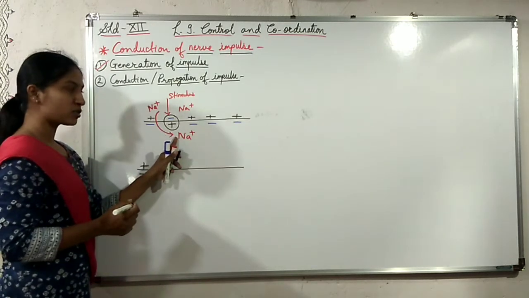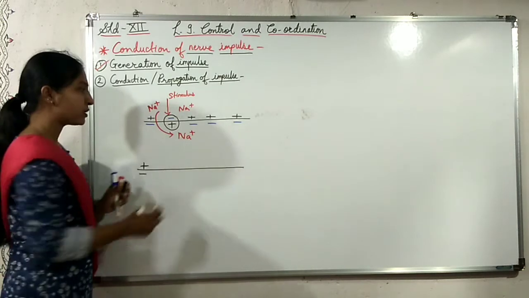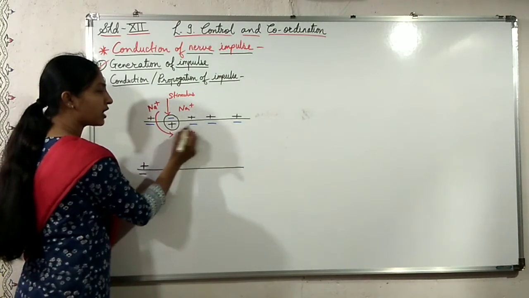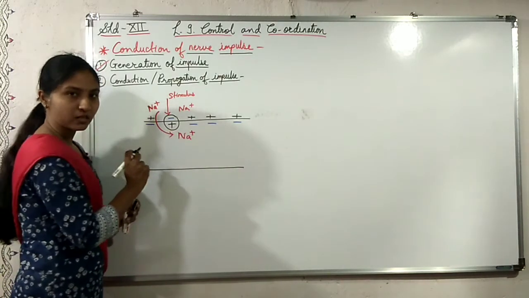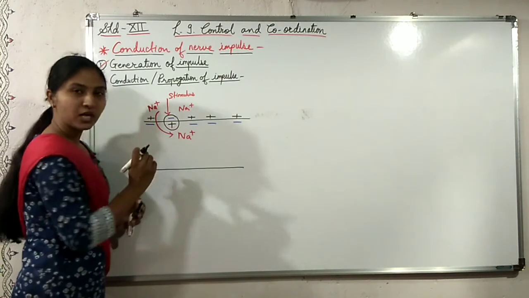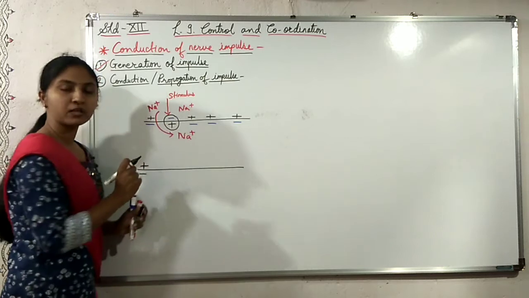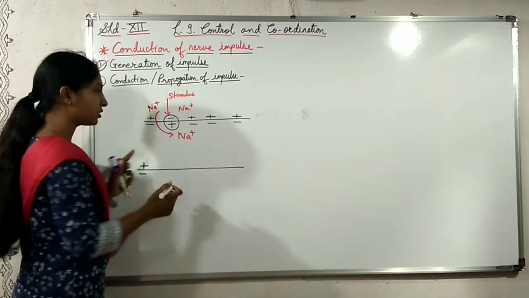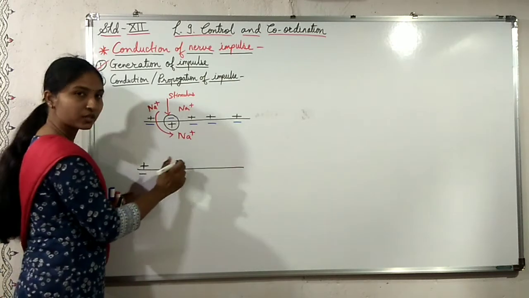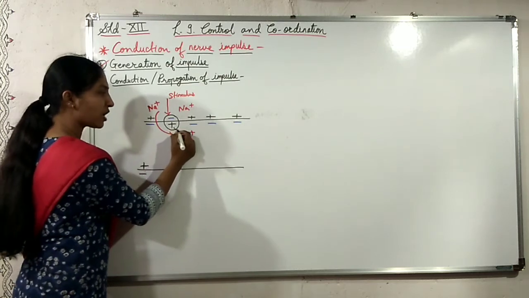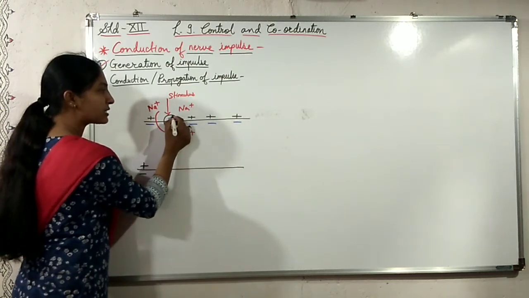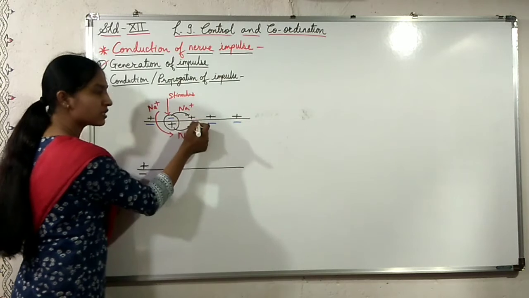Here the impulse was generated. Here this positive charge attracts the negative charge. The positive and negative charges attract each other. Here also on the outer side, the negative and positive charges attract each other. As they attract each other, this positive charge moves here and this negative charge moves to this side.